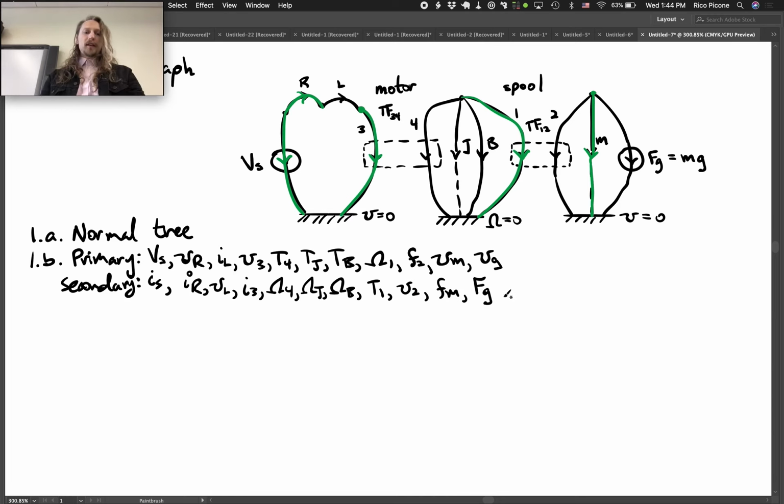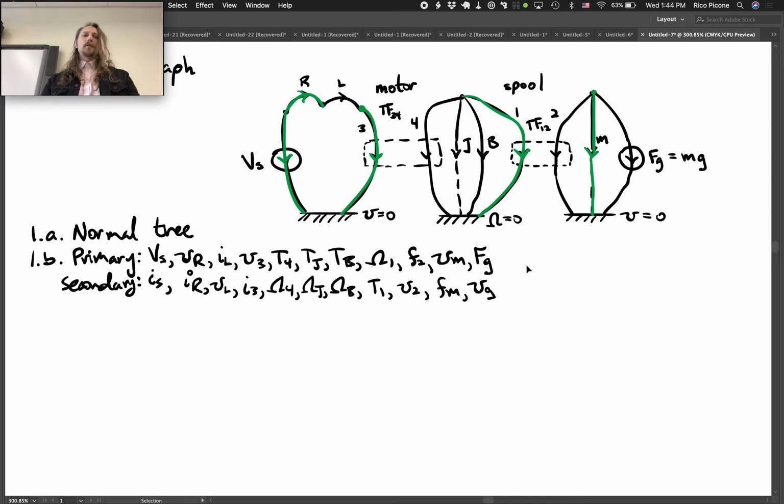Oh, sorry. Yeah, these two are switched, right? It's through variables on branches or on links that are primary. So good catch. FG is the primary.